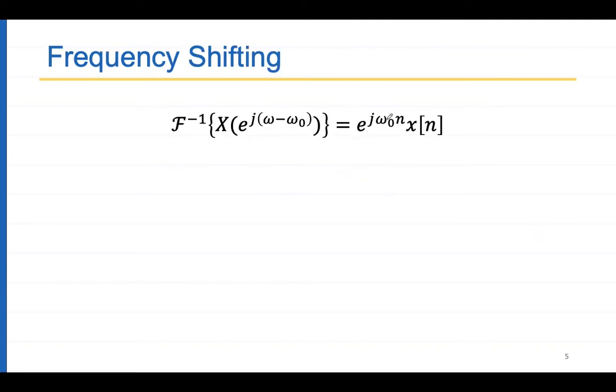When I shift in the time domain, I get phase multiplication in the frequency domain. Okay, now let's see what happens if I shift my frequency. Basically, let's say my X(e^jω). Now I'm doing some operation in the frequency domain, and I want to see its effect in the time domain. This is my omega. I know it is periodic between minus pi to plus pi.